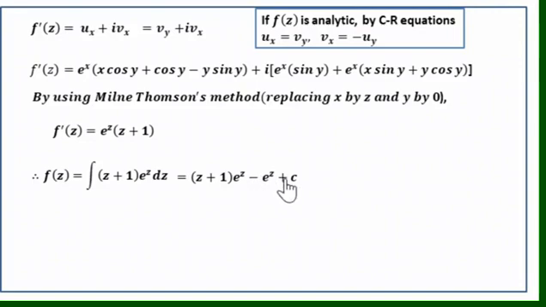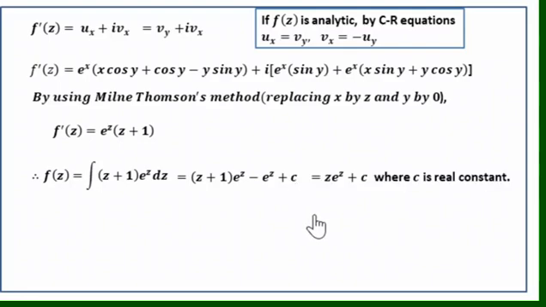So we get only these two terms, plus the constant of integration c. Here the given imaginary part v does not contain any constant, so the constant of integration c is a real number.